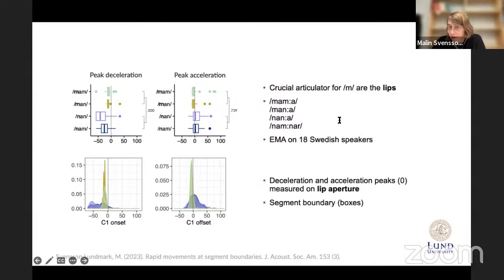So this pattern is because the lips are the crucial articulator in words with bilabial segments. Since this pattern of timing of the acceleration peak and the segment boundary can be seen both for lips and for the tongue tip, it means that it's valid across places of articulation in consonants.